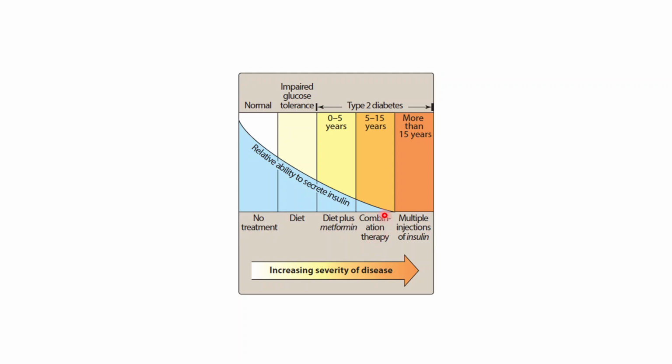Then 5 years later they will require a second or even third oral medication. Then in 5 more years, so in 15 years, they will require multiple injections of insulin, combined with the oral medication. And then they will be transferred to type 1 diabetes patients that will require daily insulin injections, with high dose therapy.